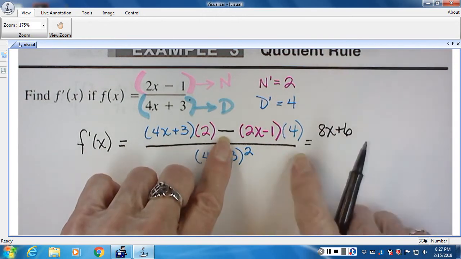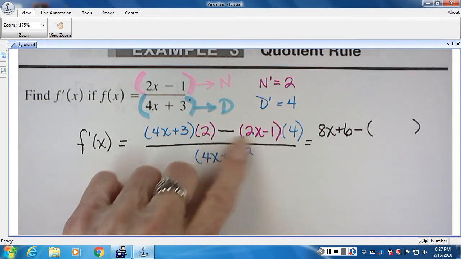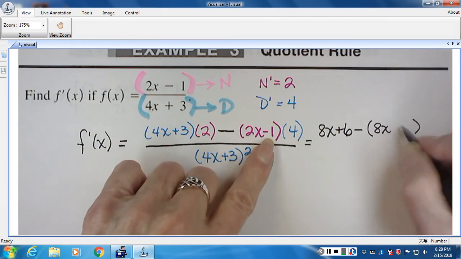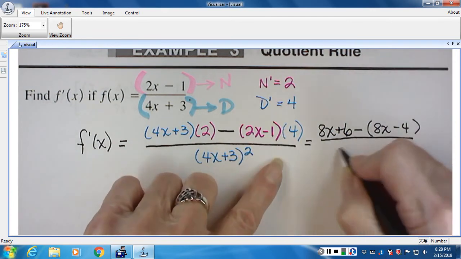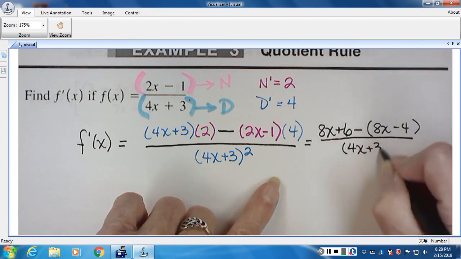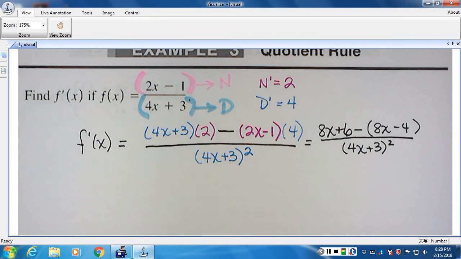Negative means we're going to subtract all the rest of these. 4 times 2x is 8x. 4 times negative 1 is negative 4. We are not doing anything with that denominator. It can stay just like it is. There's no need to factor it out or multiply it out or try to cancel it. Just leave it alone.